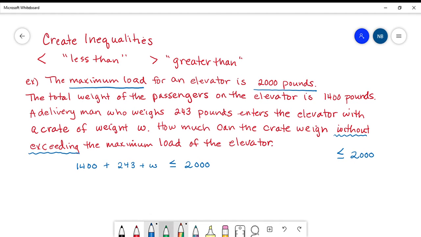Well, from here, what we need to do is simplify, if we can. 1,400 plus 243 is 1,643. Recopy the plus W, the less than or equal to, and the 2,000. Our goal is to isolate W, so we need to do what works. We're going to draw a line at the inequality symbol, and we're going to subtract.